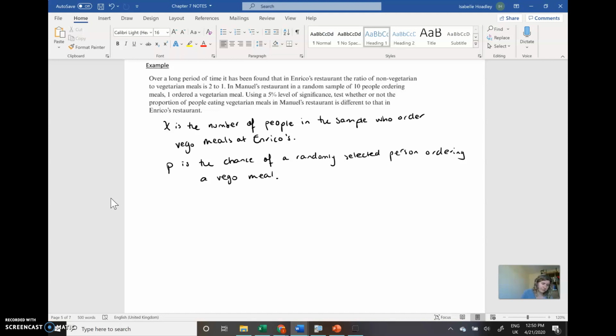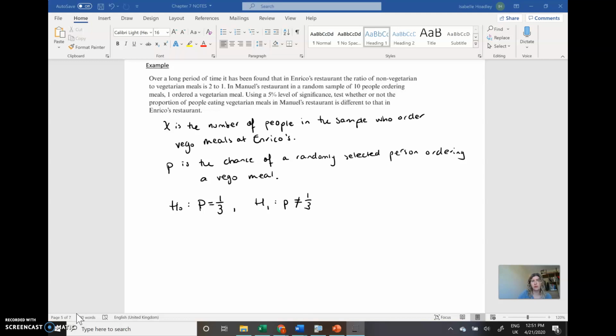So from there, we then need to write down our null hypothesis and our alternative hypothesis. So our null hypothesis, we are suggesting that our probability is equal to 1/3, and our alternative hypothesis is that our probability is not equal to 1/3.